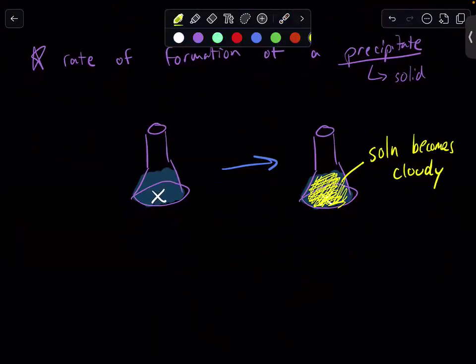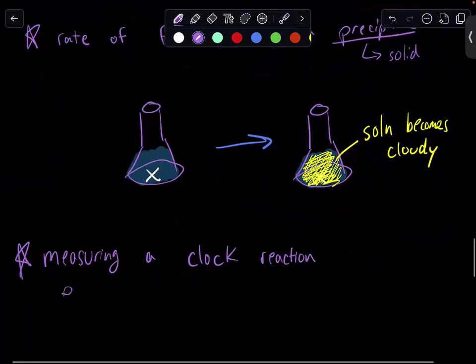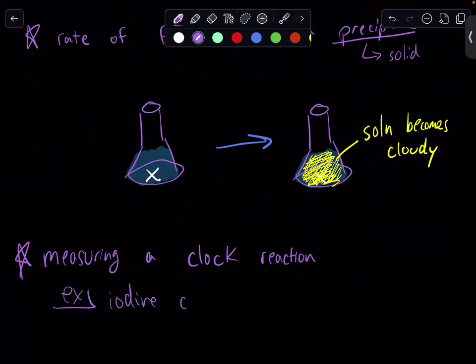In terms of using stopwatches, the other type of reaction we can do is measuring a clock reaction. You may have seen these online. One of the great examples is an iodine clock. That's the solution that just suddenly turns black out of nowhere.